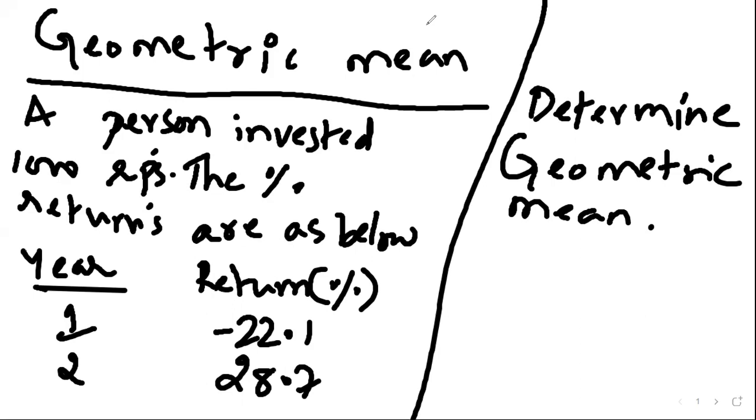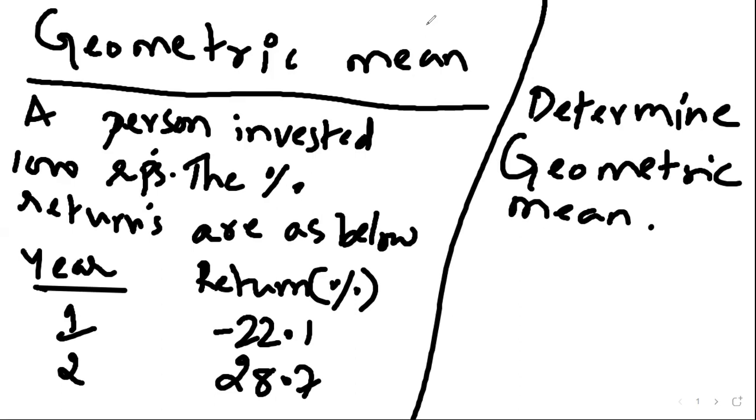Because whenever there is a compounding effect, the money gets compounded, so you cannot use the simple average. You have to use geometric mean, because based on the closing balance of this particular year, you get the returns for the next year.